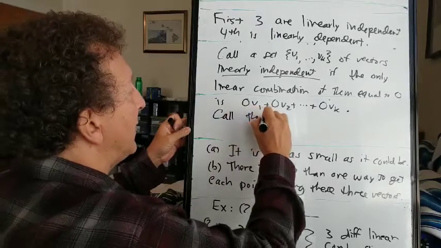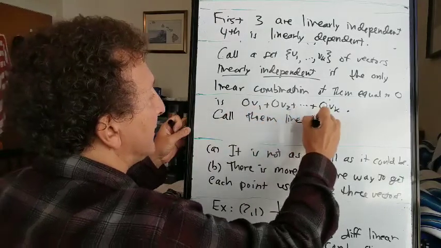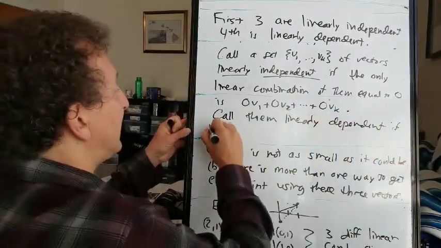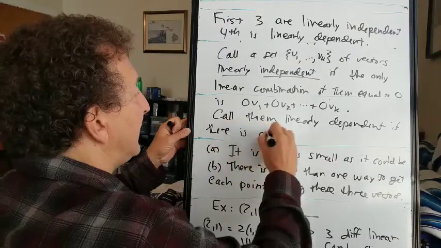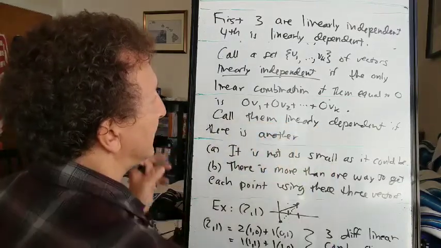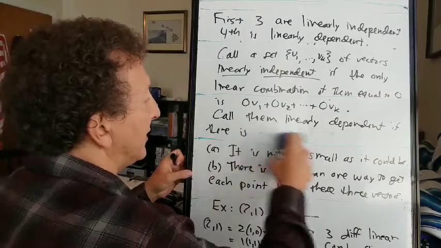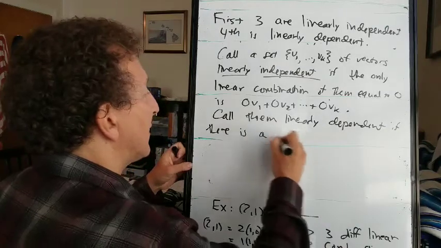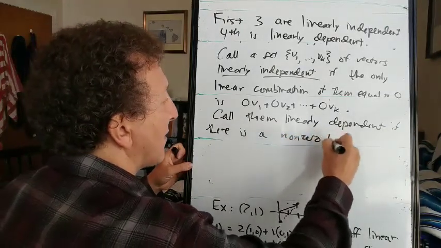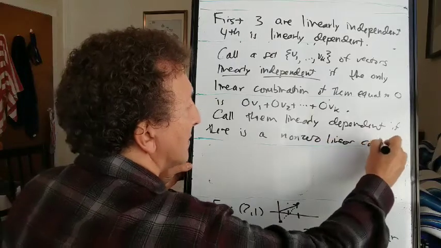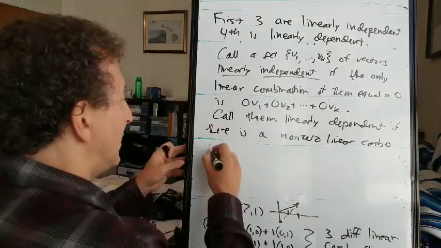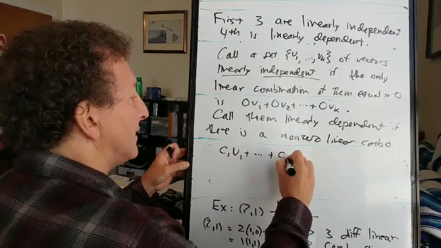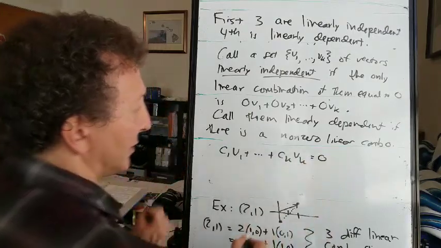And we call them linearly dependent if there is another, let's say if there is a non-zero linear combination, so c1 v1 plus dot dot dot ck vk equal to 0.